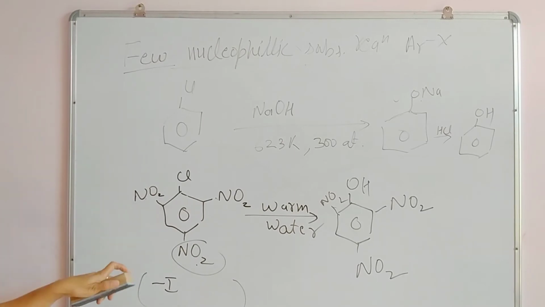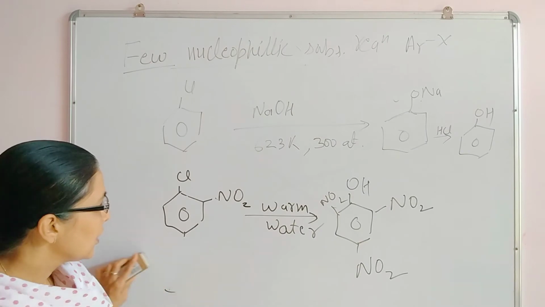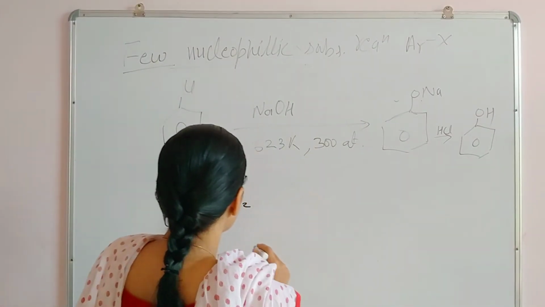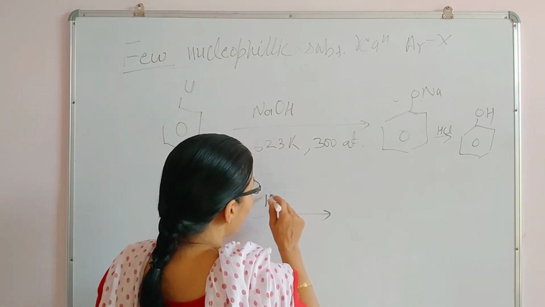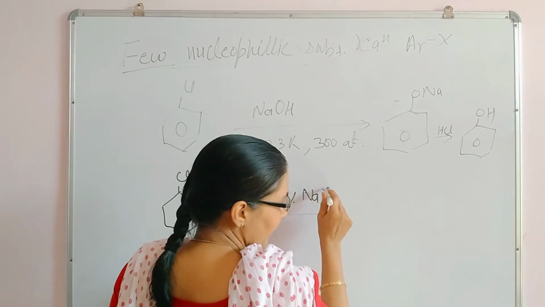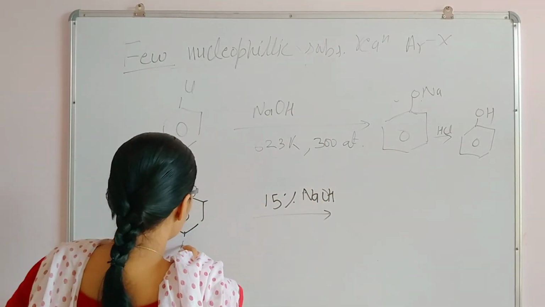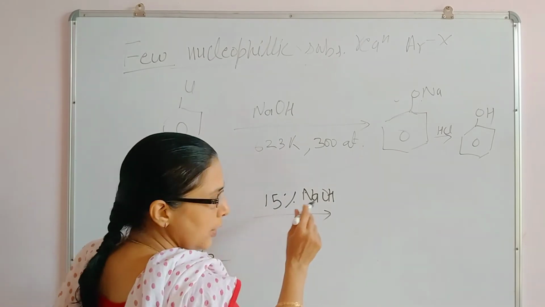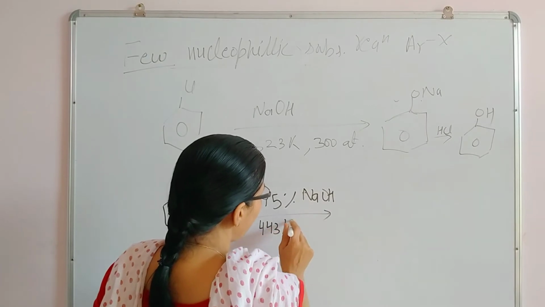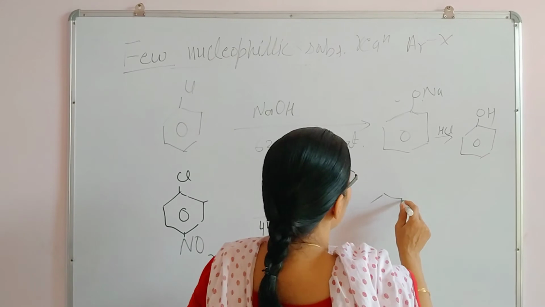Instead of 3 nitro groups, if only 1 nitro group is here, then the reaction will not occur with warm water. For the reaction we will need 15% NaOH. For the para position we will need 15% NaOH plus 443 Kelvin temperature and 1 atmospheric pressure. You will get the compound.